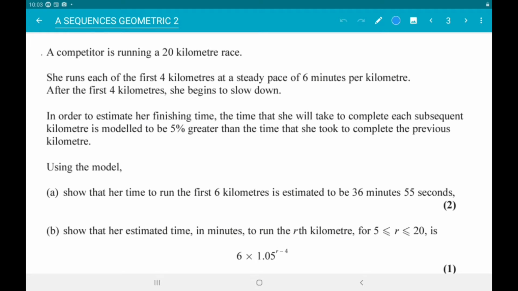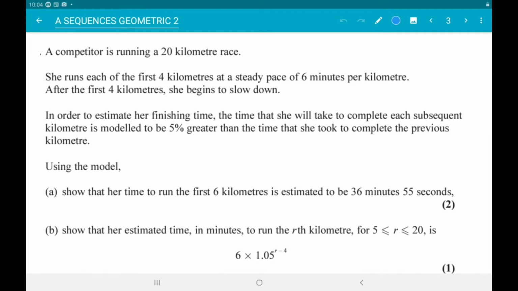To estimate finishing time, the time taken to run each subsequent kilometre is modelled as 5% greater than the previous kilometre. Using the model, part A, show that the time to run the first 6 kilometres is 36 minutes 55 seconds.